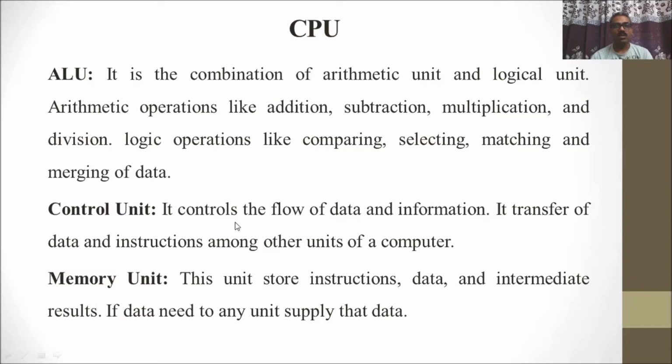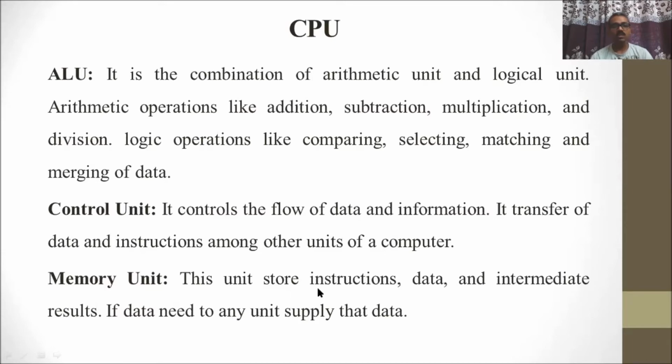Control unit: it controls the flow of data and information. It transfers data and instructions among other units of a computer. So all devices are connected to the CPU, and the control unit controls all instructions and device operations of the computer.